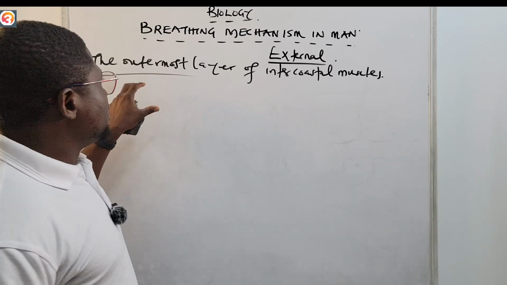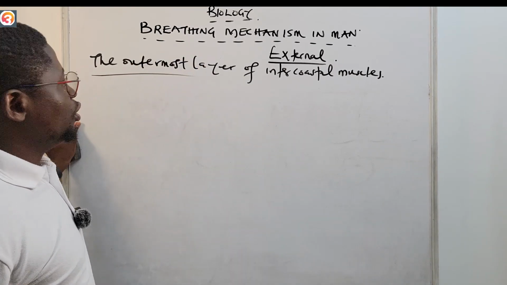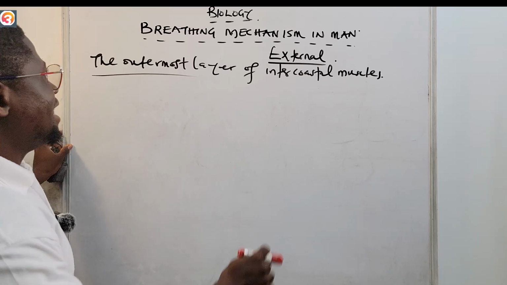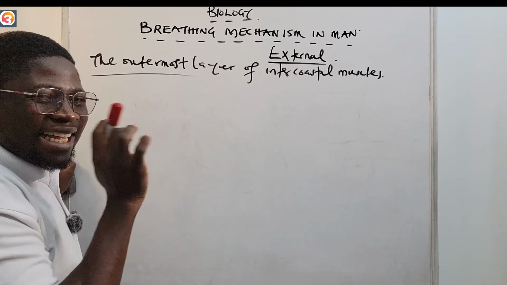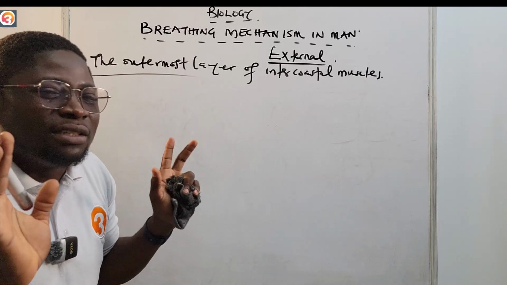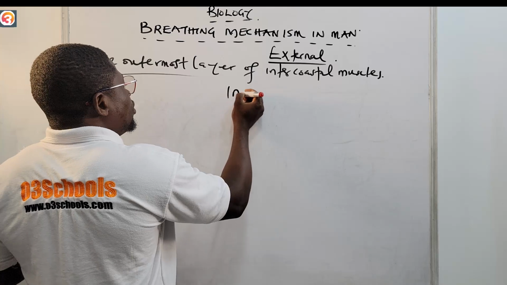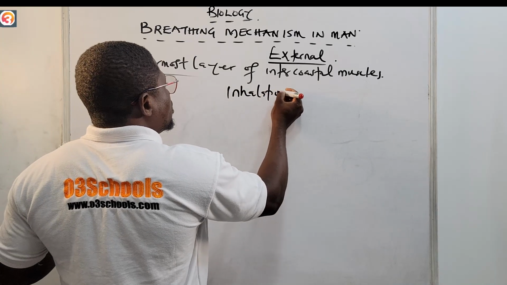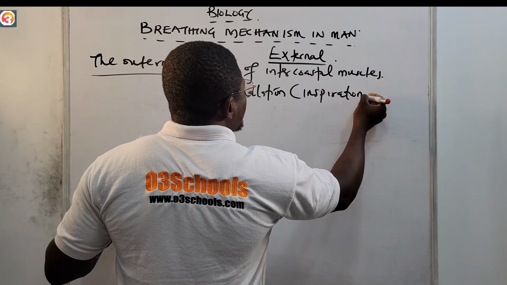Now the external intercostal muscle is the outermost layer of the intercostal muscles, and its primary function is useful during inhalation, or inspiration. Inhalation is also called inspiration.